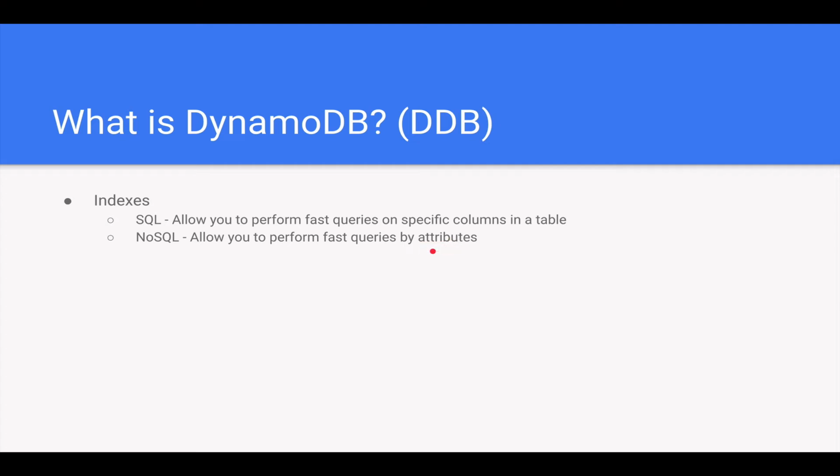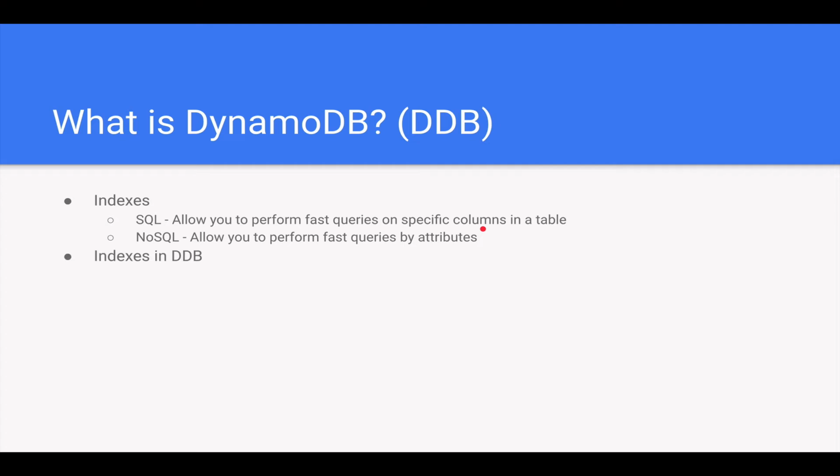For example, in Mongo you can have an index on any attribute, with caveats, of a document. And in SQL, you can think about it mostly as on a specific column or columns if you have a multi-column index.